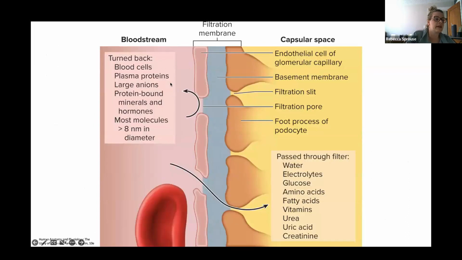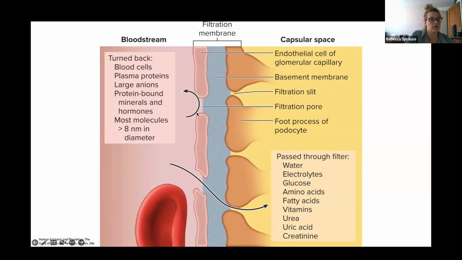Things that stay in our bloodstream that cannot filter through are blood cells, so our red cells, white cells, platelets, things like that. Certain plasma proteins, so antibodies, antigens, things like that. Larger anions, proteins, and basically most molecules greater than 8 nanometers. In our capsular space, we'll have our water, electrolytes, glucose, amino acids, a lot of metabolites.